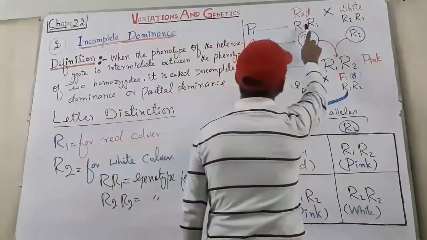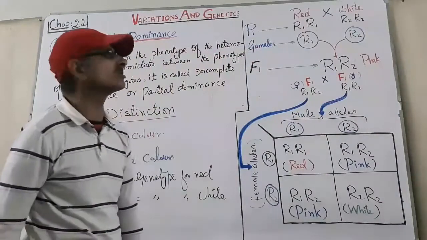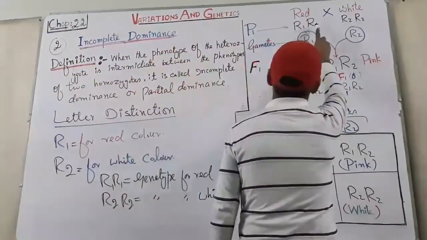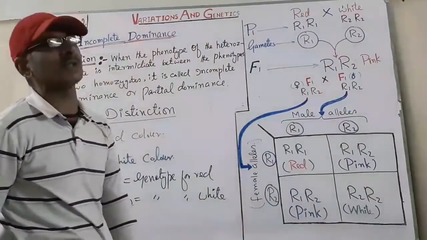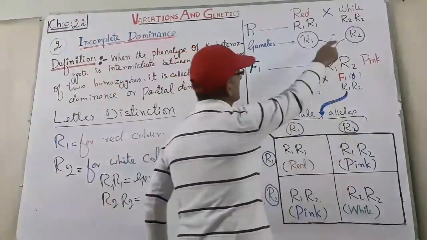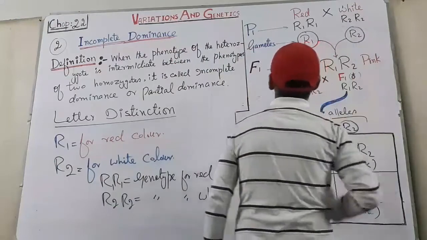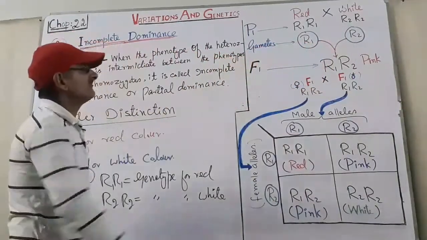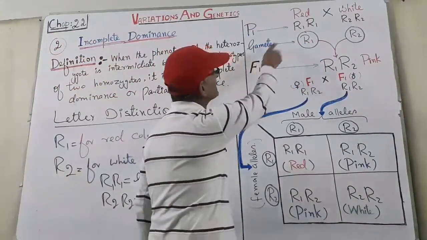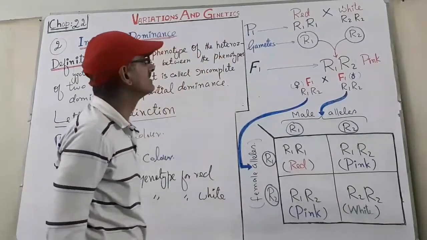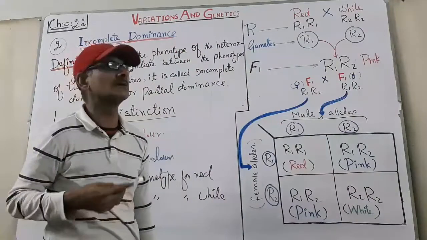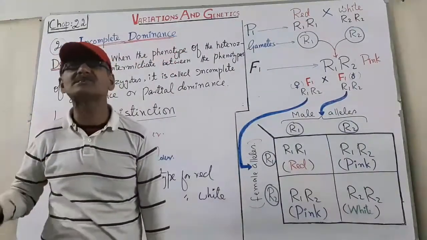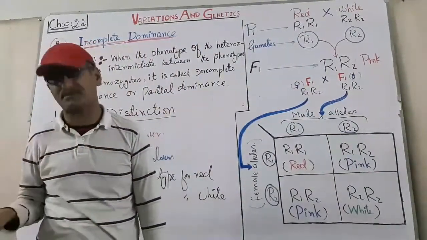For the red character, the genotype is capital R1 R1, and for the white colored plants, it is capital R2 R2. When the gametes are formed in the P1 generation, the first parental generation, red flowered plants produce gametes which are of the same type.